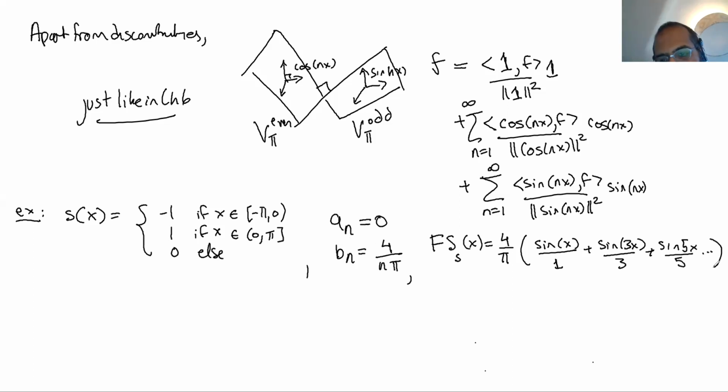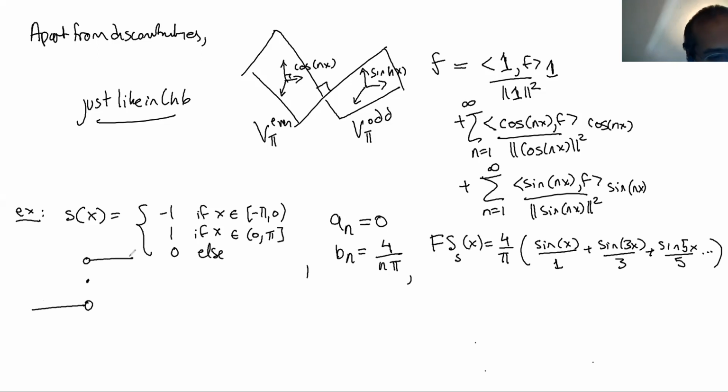This may be the first time you've seen a series like that. The theorem says that series converges. That's not obvious, but it says it converges for every x in the interval. Now, if you plot this function, it looks like this.